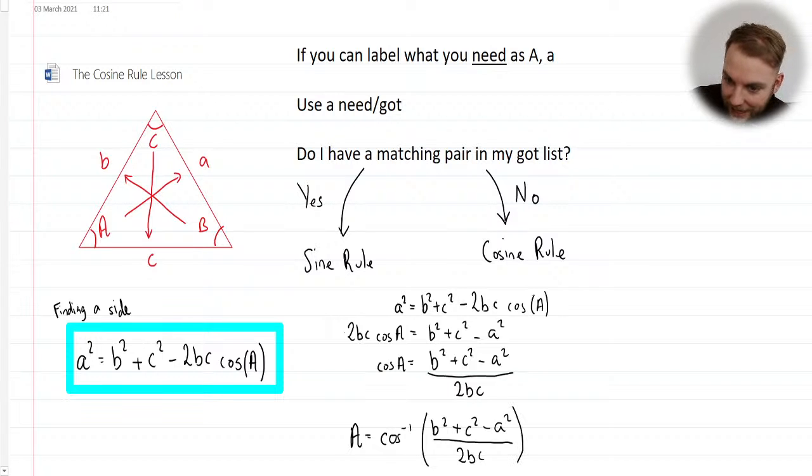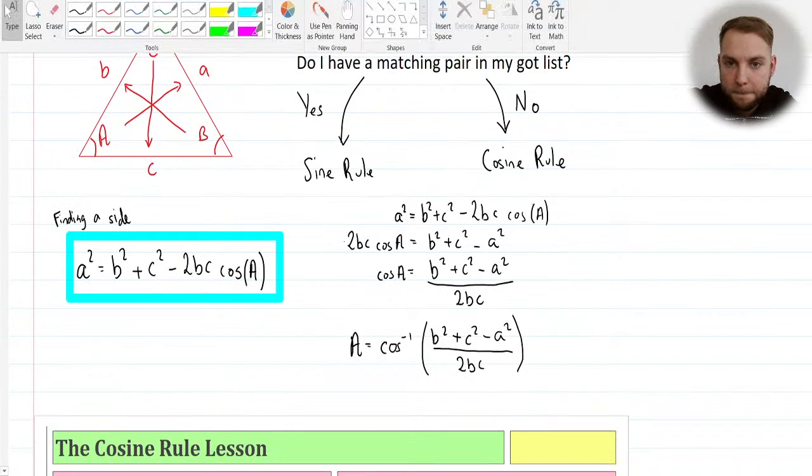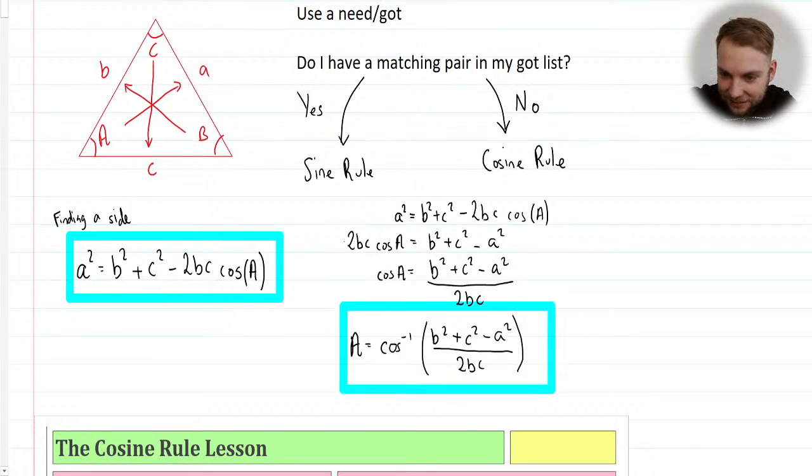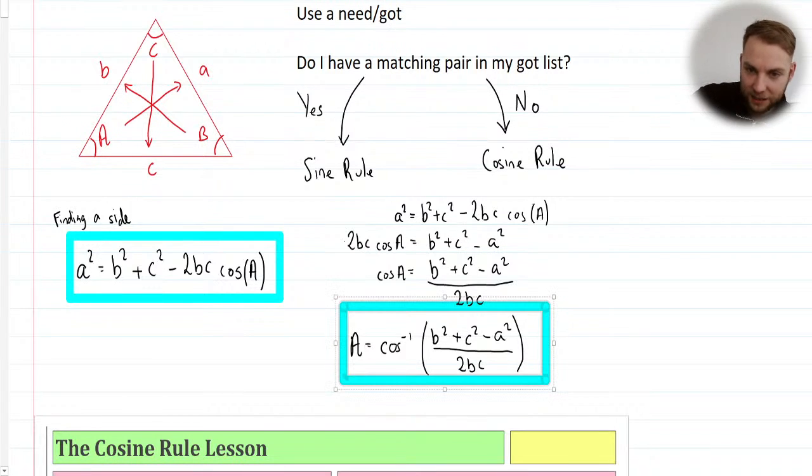Now this here is the formula for the angle. So that's for finding an angle. If you're not sure what I was doing above there, then don't worry too much about it, as long as you remember both of these.